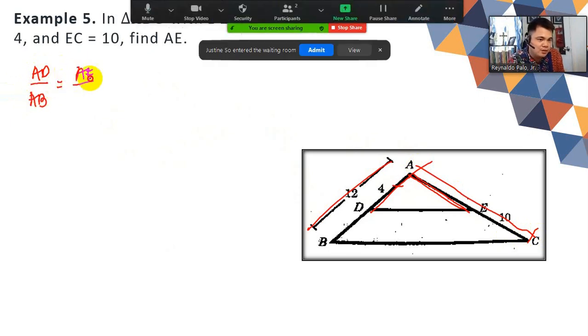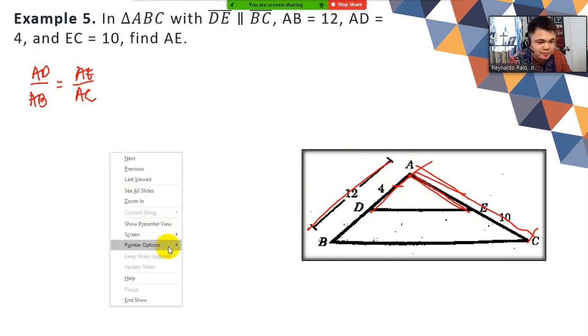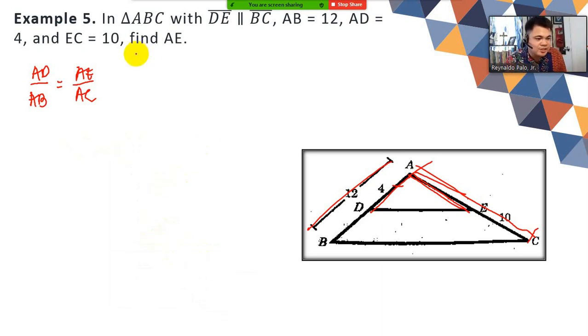So we're able to have our proportion. Next, we're going to substitute the values. AD measures 4, AB measures 12, AE is unknown.